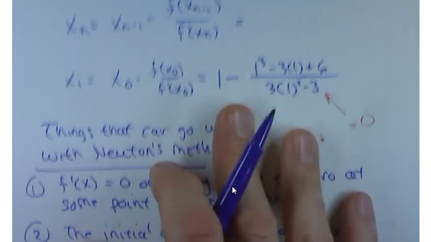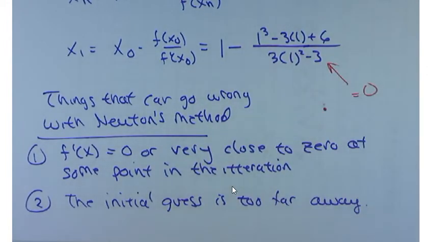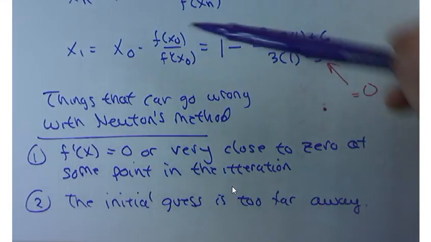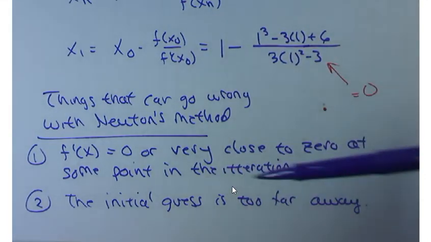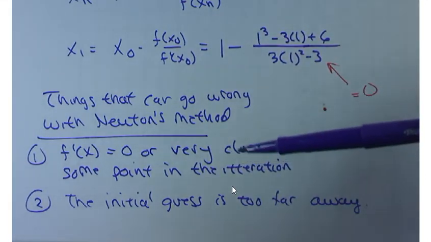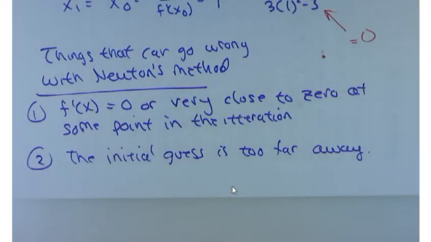It depends on the function and the derivative, how they interact with each other. There's nothing that I want to try and say in terms of something general. But if your initial guess isn't that good, it might not converge to what you think. So that could be another problem. Just realize that there are places and reasons that Newton's method might break down. And that's something I might ask you on the exam.